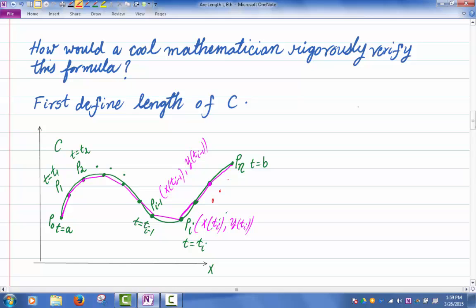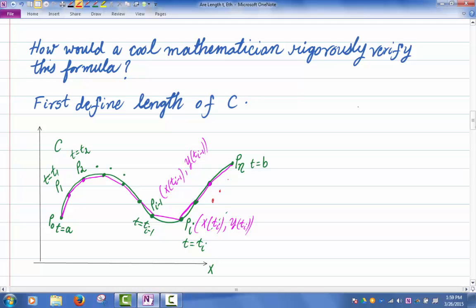Now, can someone tell me what's the distance between P_i and P_{i-1}? How do I find the distance between these two points? Well, I use the distance formula, right? What's the distance between two points? It will be x of t_i minus x of t_{i-1}, squared, plus y of t_i minus y of t_{i-1}, squared, and then you take the square root, right?